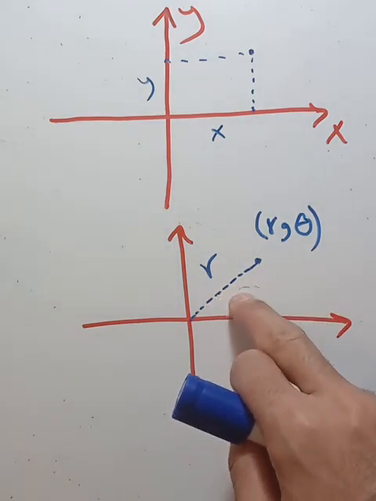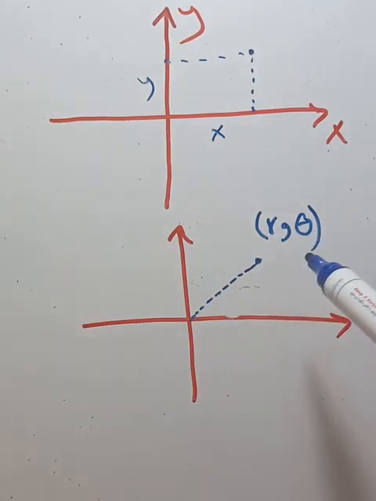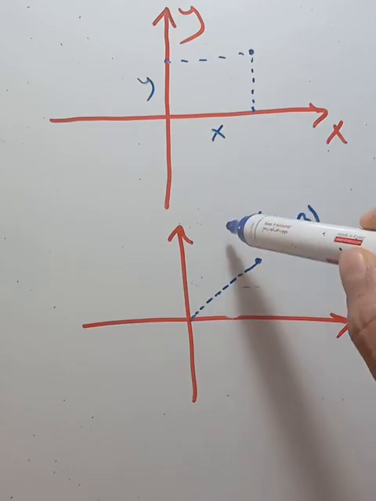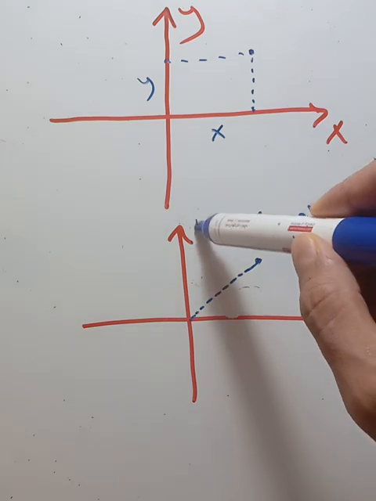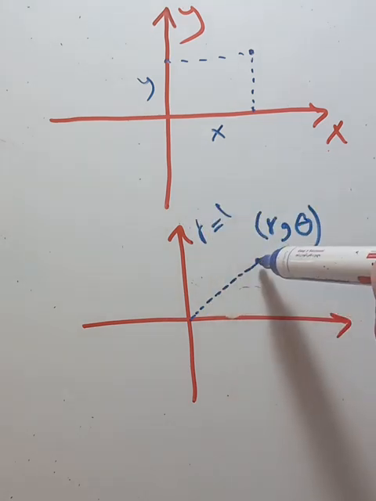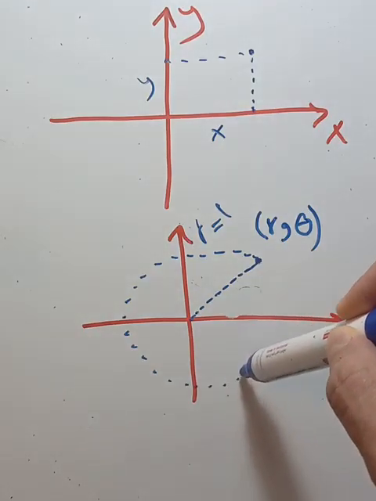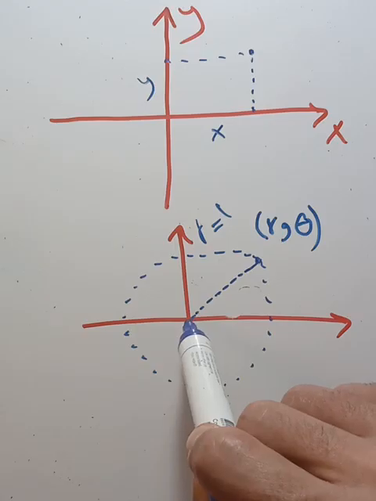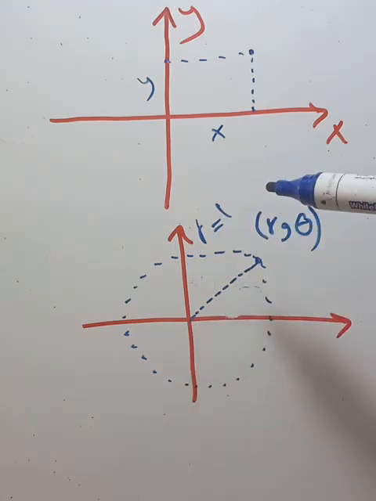For instance, the points whose distance from the origin is 1 are on a circle whose center is the origin and radius is 1.